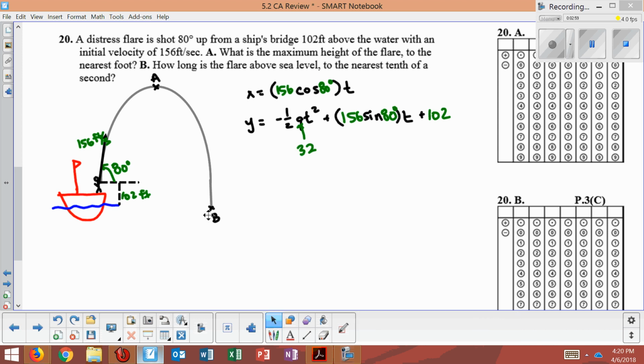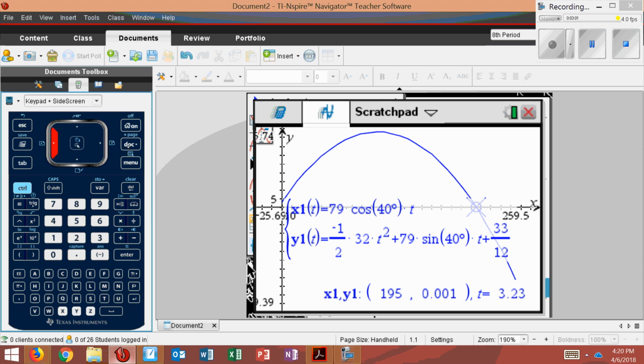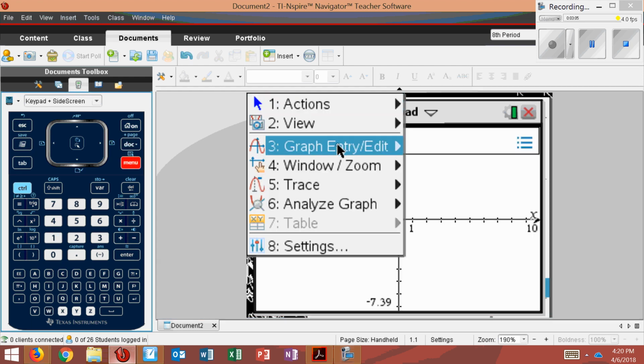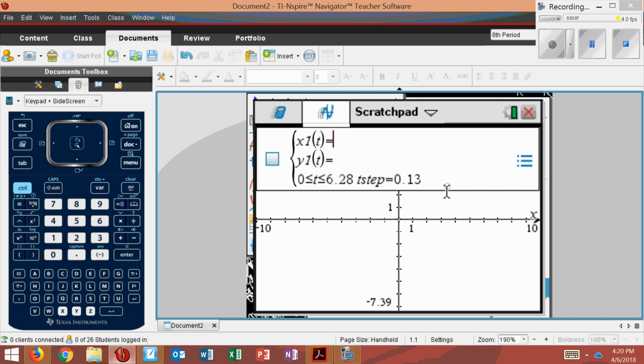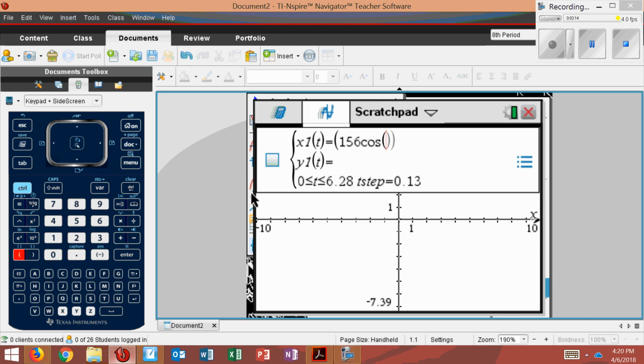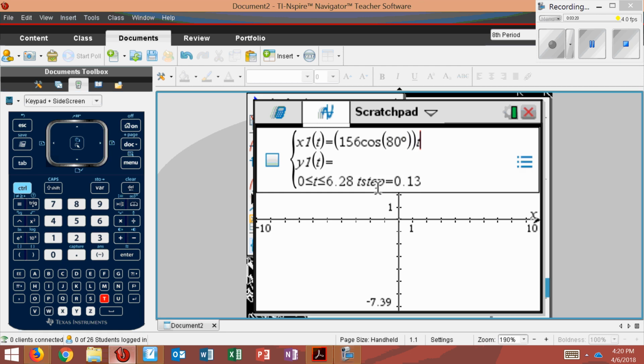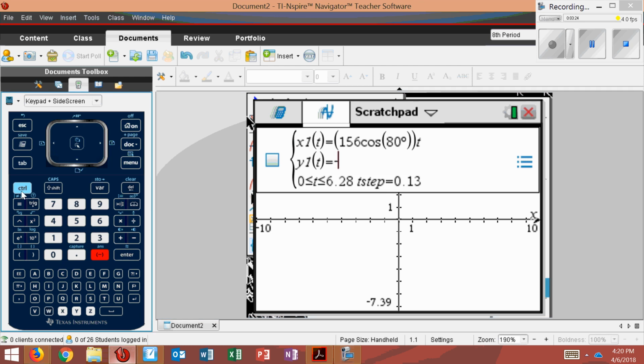Now we're going to go to our calculators and graph this. So I'm going to clear this first. And I'll go menu, graph entry. I'm going to go to parametrics. And I'll type in my equations. The first one was 156 cosine of 80 degrees. I'll click the degree button down here with pi. And I'll put the t out here. And now gravity was negative 1/2.